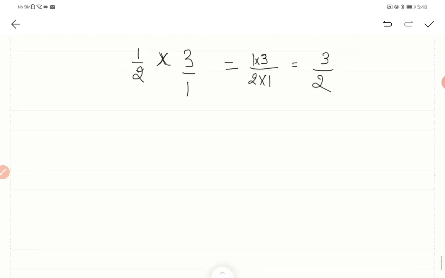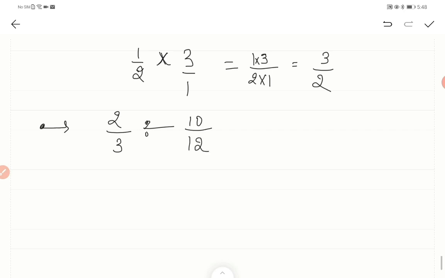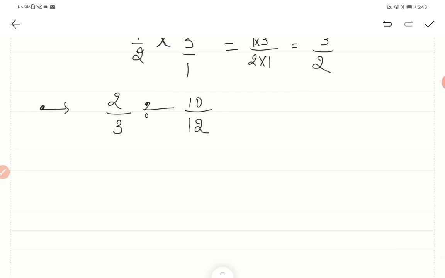Let's take a few more examples. If I have 2 by 3 divided by 10 by 12, I convert this into multiplication, so this will be into the reciprocal of 10 by 12, which is 12 by 10. You need to take the reciprocal.